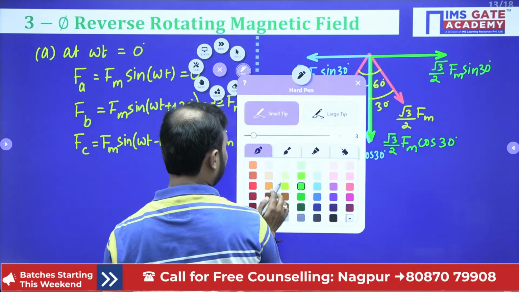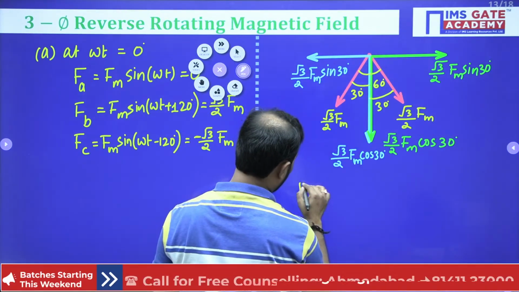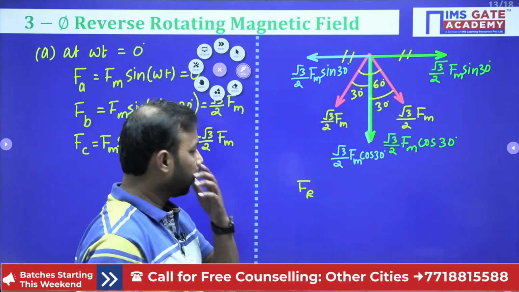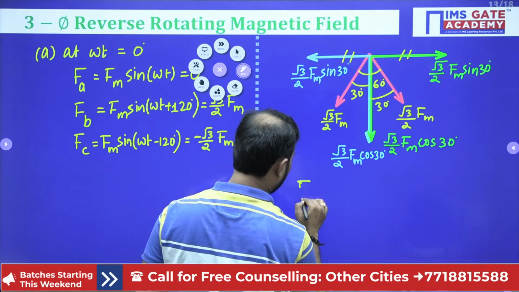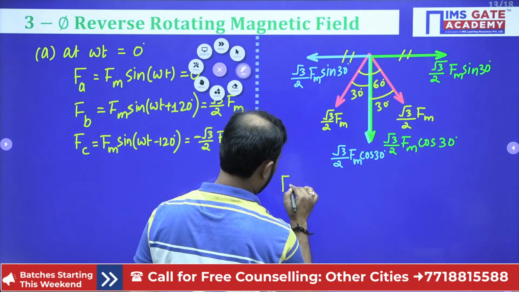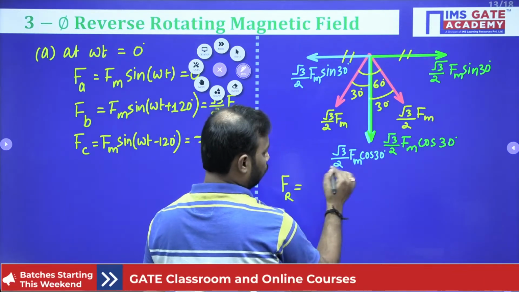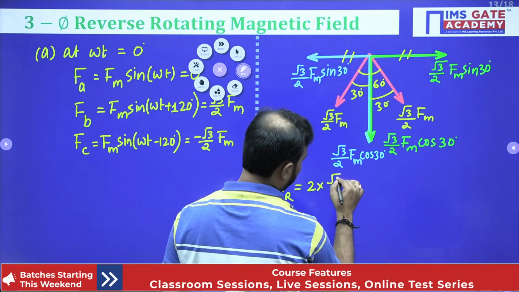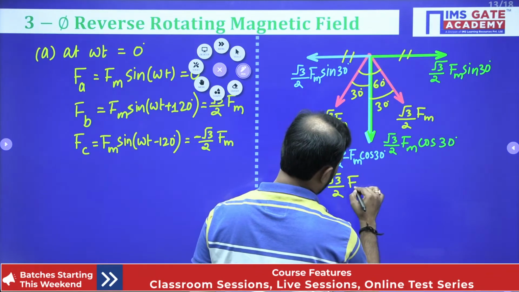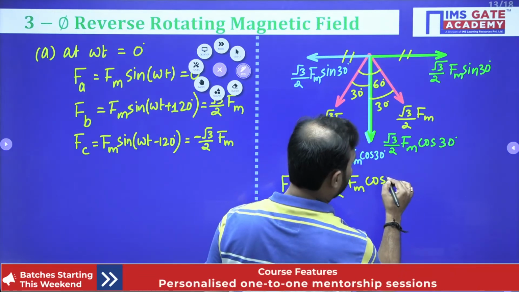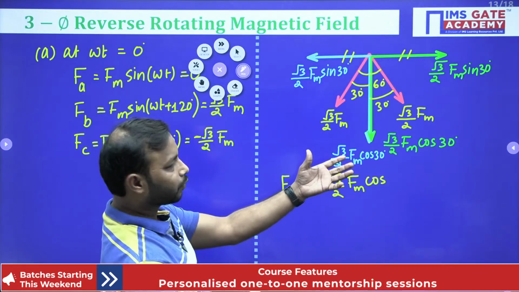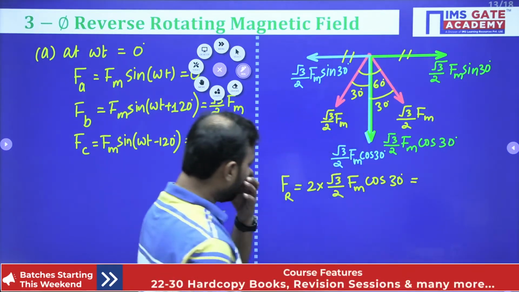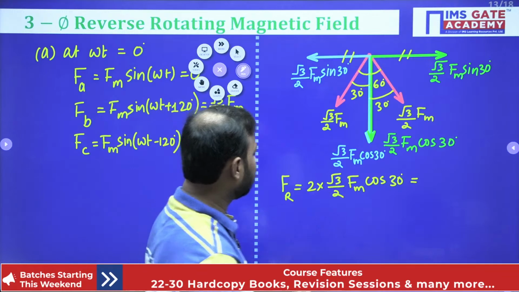So what is the resultant here, my friend? The horizontal components will cancel out due to equal and opposite value, and the resultant MMF FR is now 2 times root 3 by 2 FM cos 30. The 2 cancels, giving 3 by 2 FM.